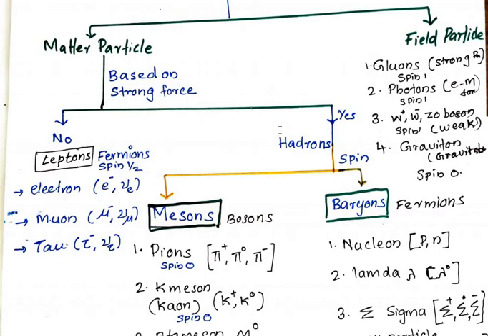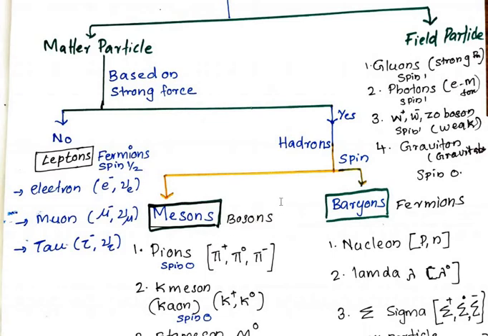Hadrons are matter particles which are acted upon by the strong force. These hadrons can be classified into 2 types based upon their spin. They are mesons and baryons. So what are mesons? Mesons are a type of hadrons having integer spins.